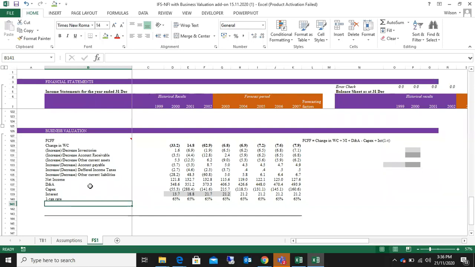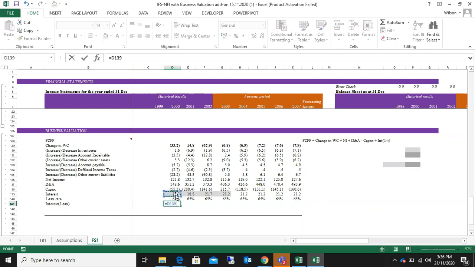Okay. So now the last is to get your interest times your 1 minus tax, because interest is tax deductible. That's why we're having 1 minus tax. So here is going to be this times 65%.